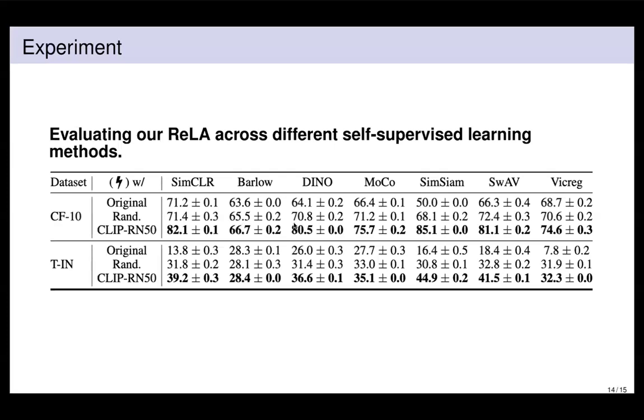So our conclusion is still unchanged: when we use a more powerful prior model like CLIP, the increase of the training efficiency will be better than when we use the randomly initialized one.